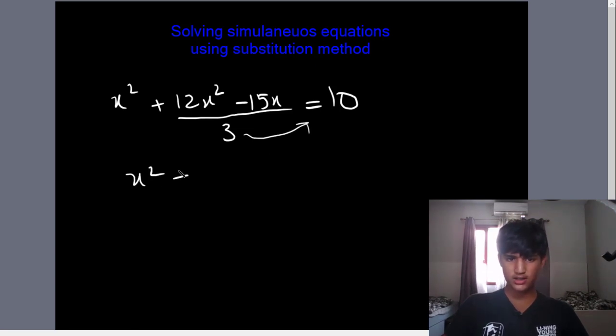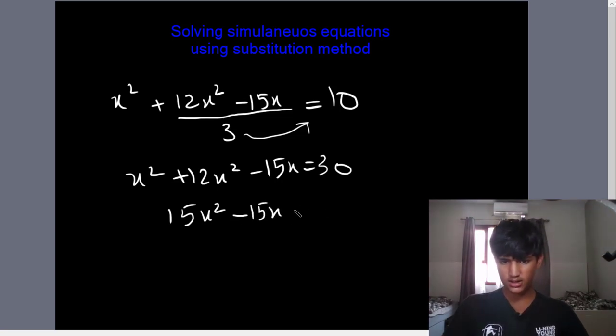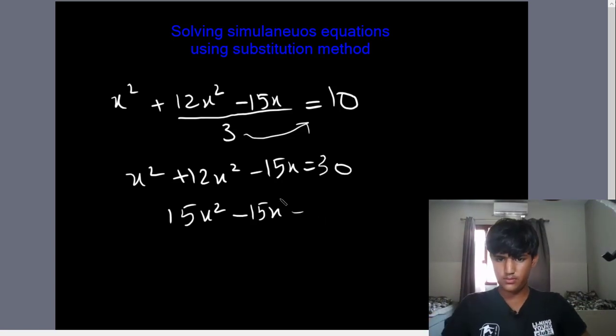So x squared plus 12x squared minus 15x is equal to 30. So 15x squared minus 15x is equal to 30. Sorry, we're just going to do minus 30, is equal to 0.